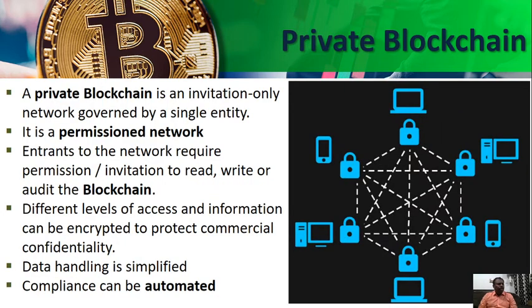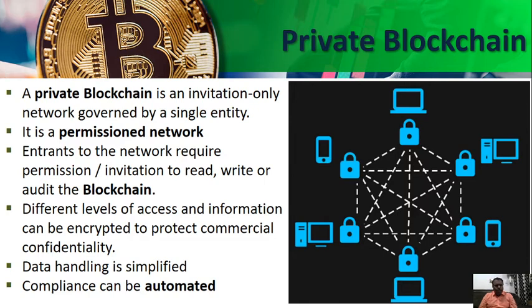What is a private blockchain? A private blockchain is a permissioned network wherein an invitation has to be given, and then only can someone join. The private blockchain is based on invitation. So that means anybody who wants to access the network has to get prior permission.